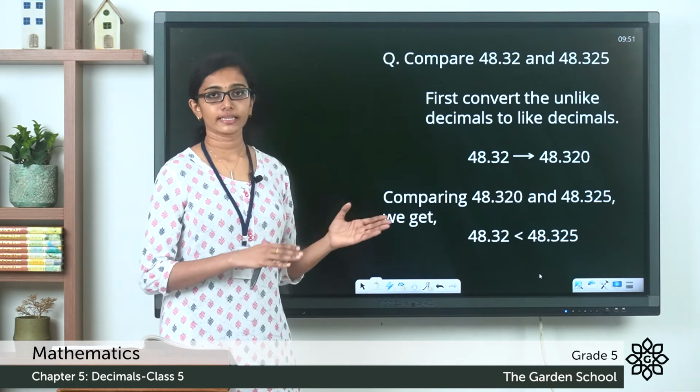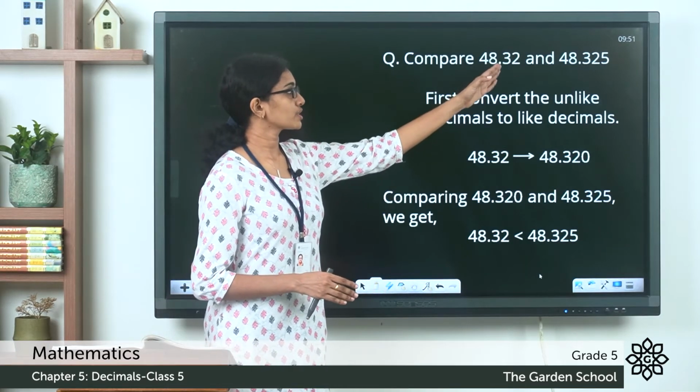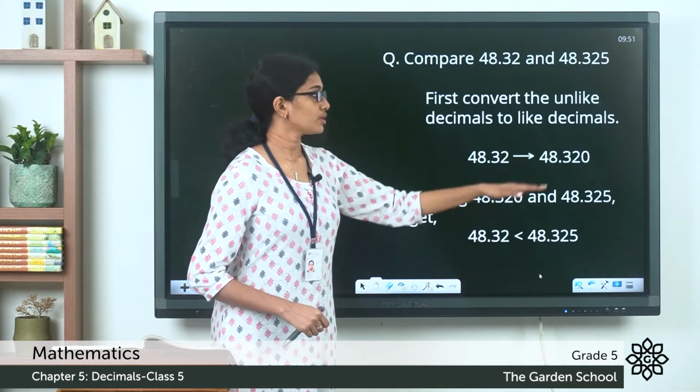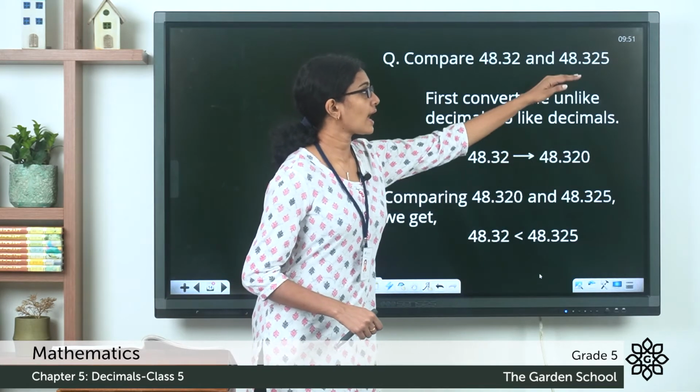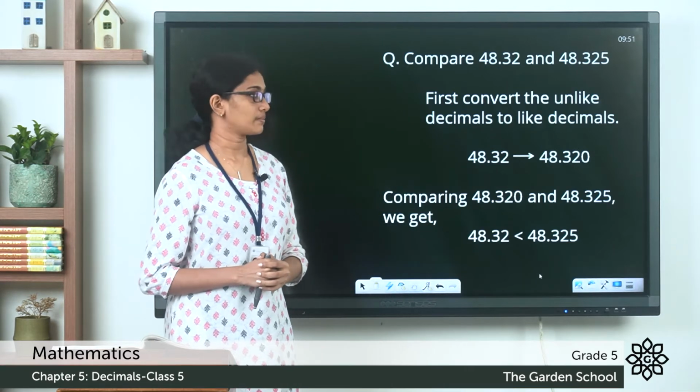So converting the unlike to like decimals, we can write 48.32 as 48.320. Now 48.320 and 48.325 have the same number of digits after the decimal point.